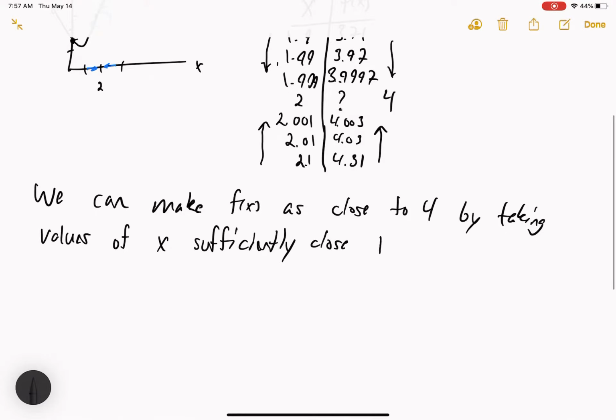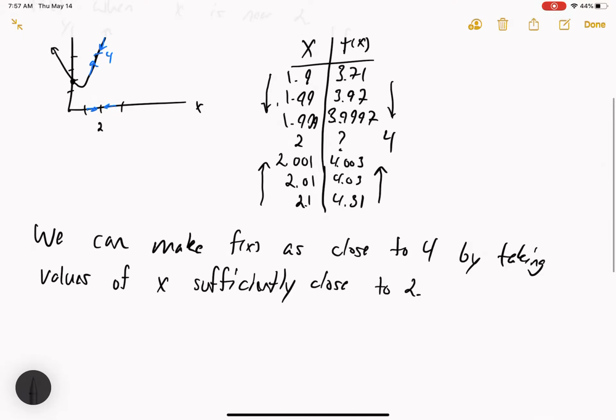This means that if we want the values of f of x to be within a certain radius, or let's say we only want them to be accurate to 10 decimal places, we have to put the restriction on f of x first, and that will appear as another restriction on x.